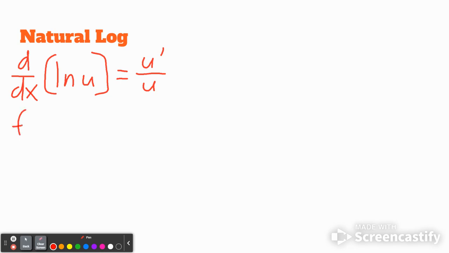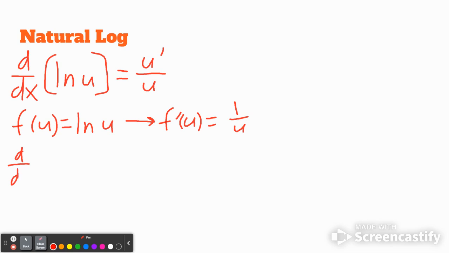So in this case, f of u is natural log of u. So that would mean that f prime of u is 1 over u.